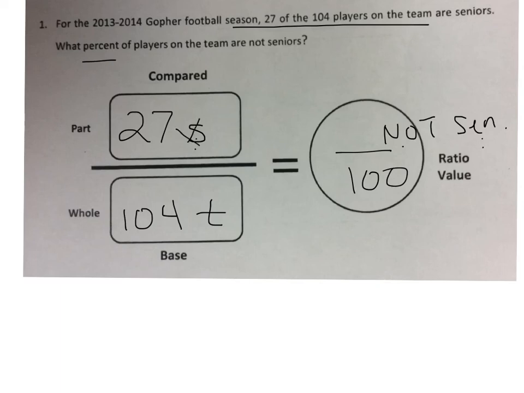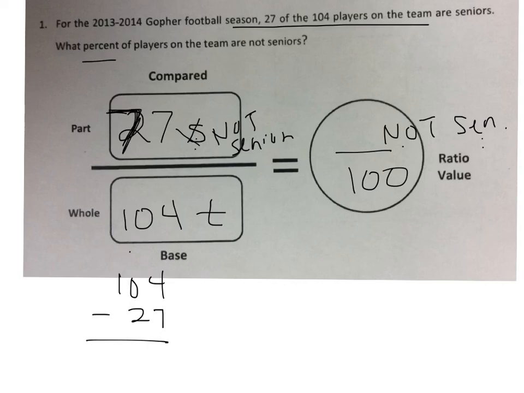I can change this to not seniors and do a little math. If there's 104 kids, if I take away the 27 seniors, does it make sense that the rest would be not seniors? If you subtract, 104 minus 27, you're going to get 77. So the numbers actually change. Does that make sense? Okay, I need to find out percent not seniors, which means I'm just going to multiply across.